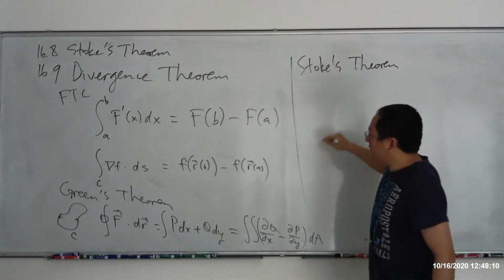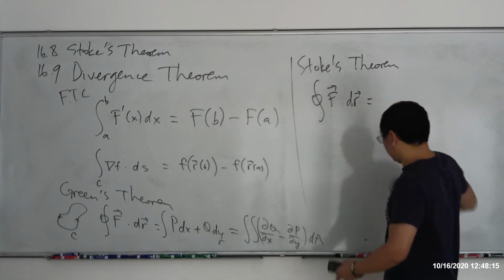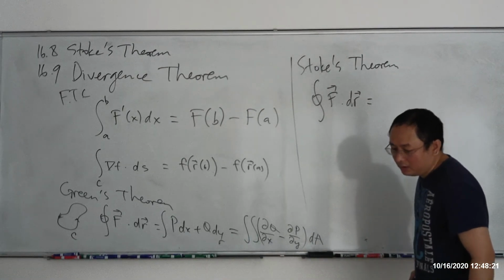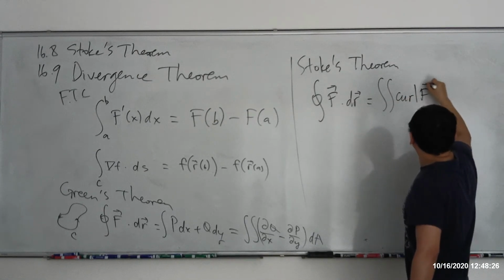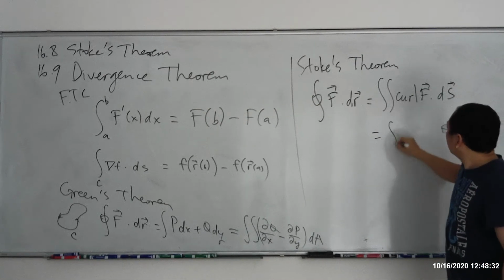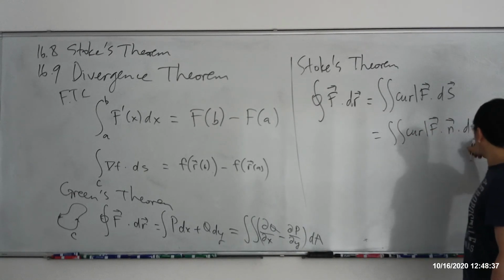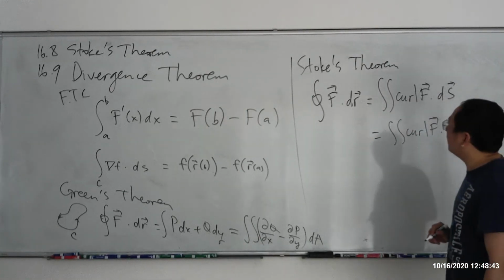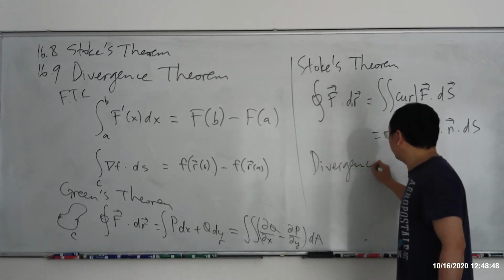Same idea, now in 3D: the integral of F dot dr is equal to, Stokes says, the double integral of curl F dot dS, or you can write it as the double integral of curl F dot n dS, with n the normal vector. And after Stokes' theorem, we have something called the divergence theorem.